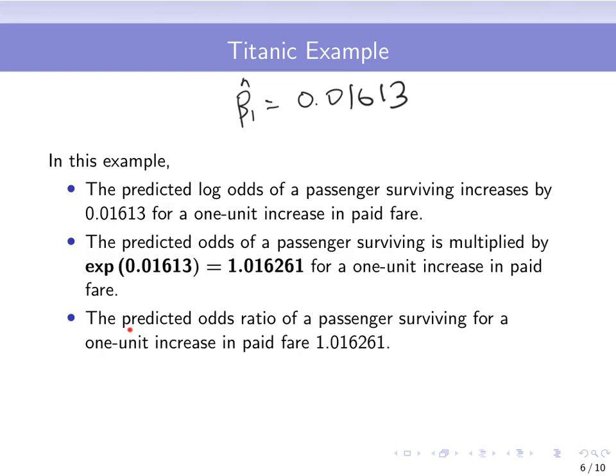Another way of stating it: the odds ratio of a passenger surviving for a 1 unit increase in paid fare is 1.016. So that's how we can interpret it. It's about a 1.6% increase in the odds of survival.